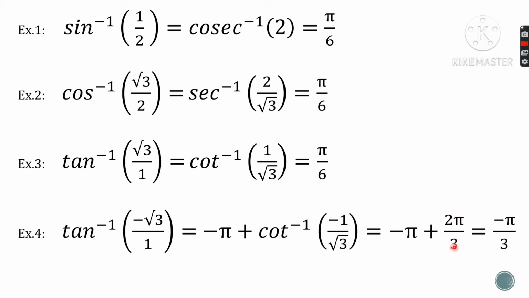So this is nothing but 2 pi by 3. So your answer is minus pi plus 2 pi by 3, that is minus pi by 3. Clear? So on the right hand side we have minus pi by 3, and on the left hand side tan inverse of minus root 3, which you can easily write as minus of tan inverse root 3, and so you get minus pi by 3. So both sides we are getting the same answer. Clear? Okay.